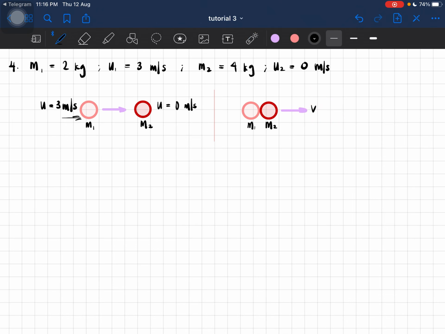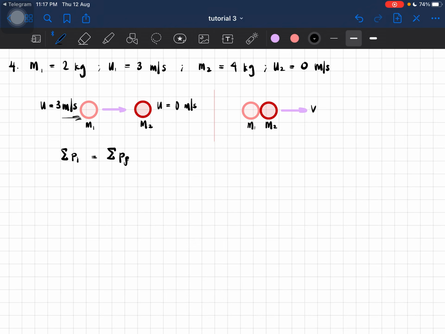So how do we do that? Based on the principle of conservation of linear momentum, we know that the initial total momentum would be equal to the final total momentum. And how do we calculate this?